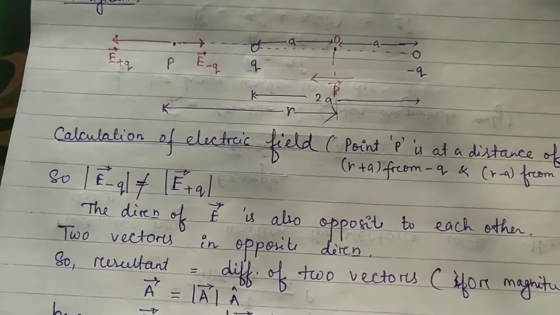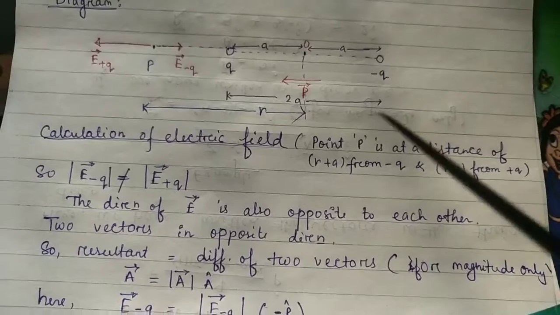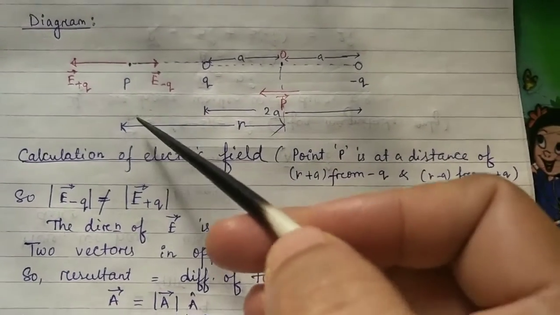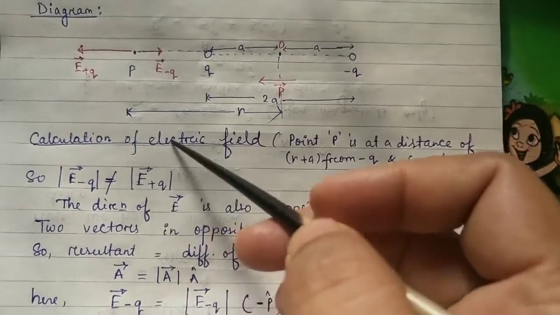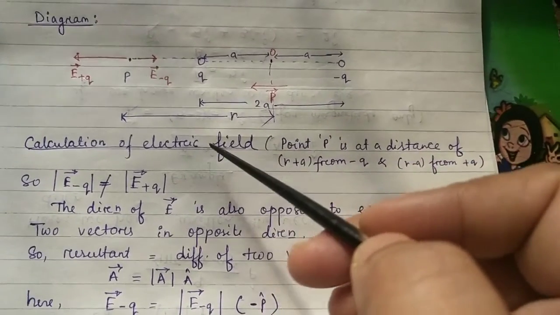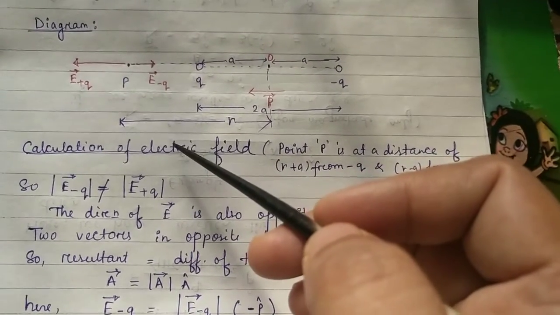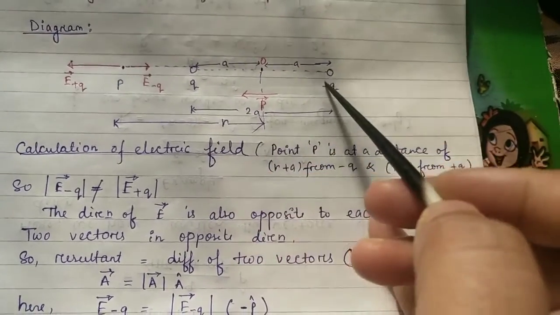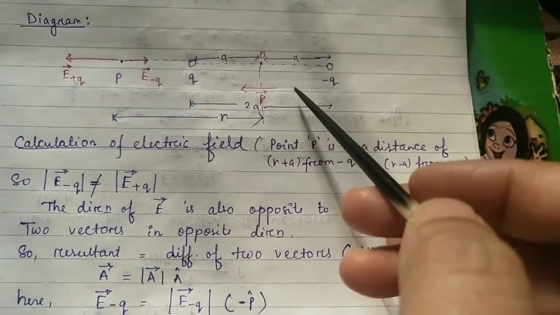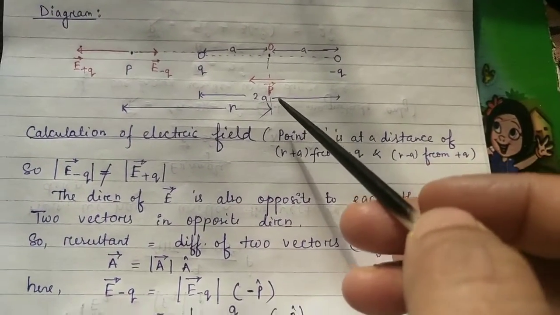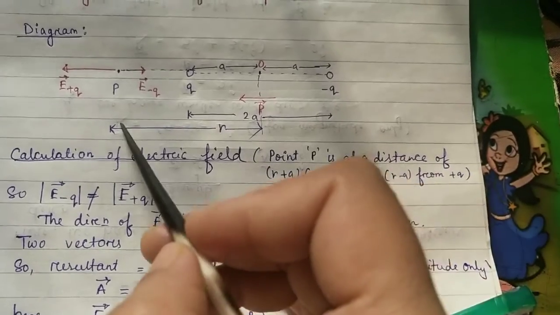Distances we have calculated. Now, we know the formula for electric field, E equal to 1 by 4 pi epsilon naught q by r square. 1 by 4 pi epsilon naught is constant, and q, taken by magnitude, is also constant in both the cases. The only dependence is r square, that means r, the distance.